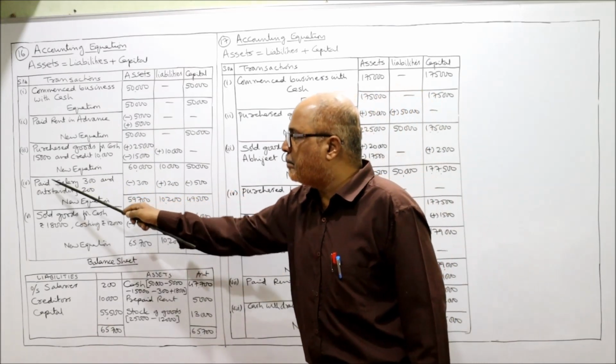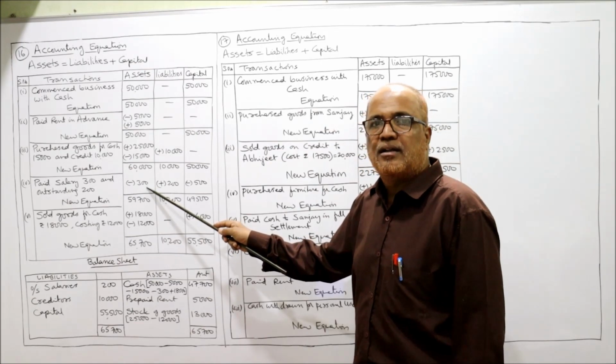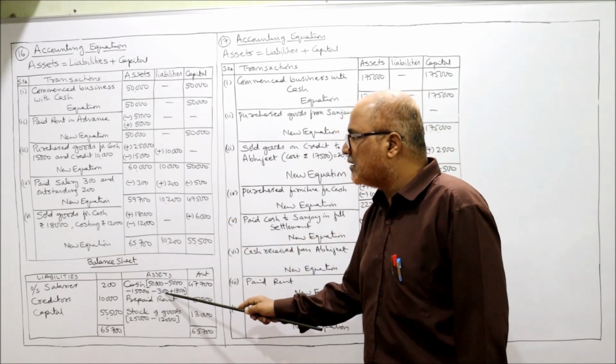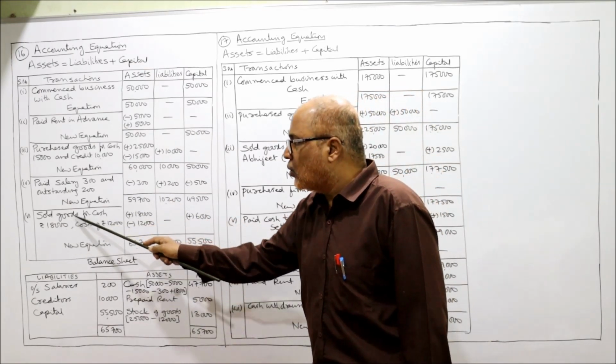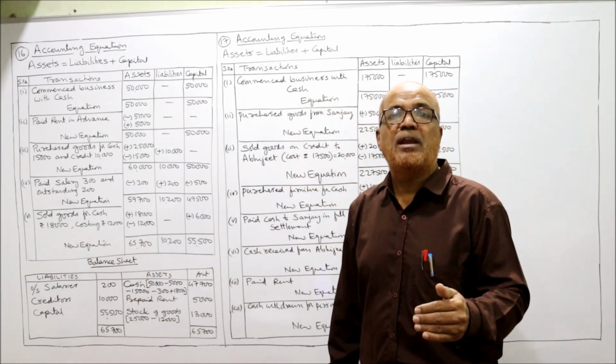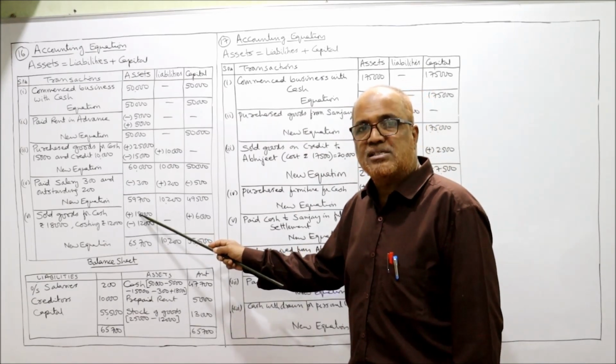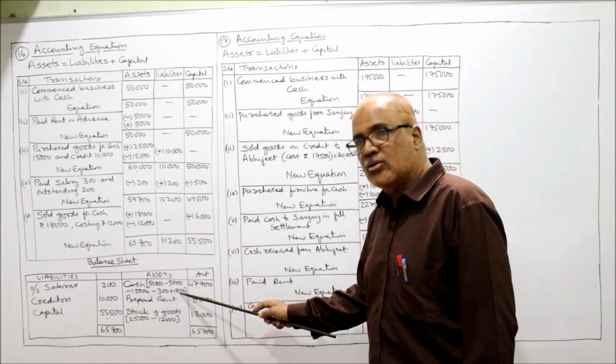Then salary paid, 300 rupees. So minus 300. Last one, sold goods for cash 18,000. 18,000 rupees cash has been received on sale, plus 18,000.